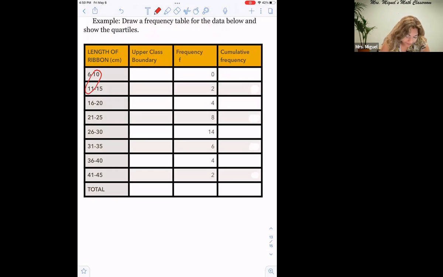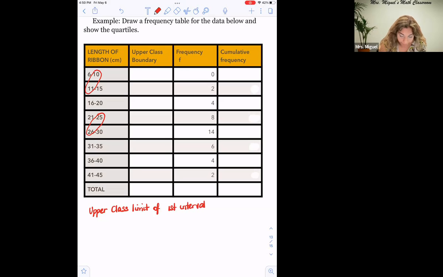We can do it for any two numbers. So what we are looking at is the upper class limit of the first interval.